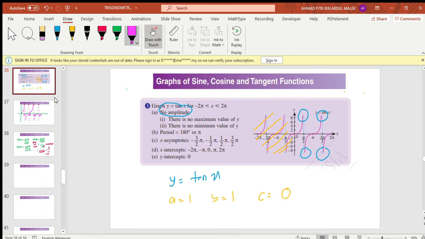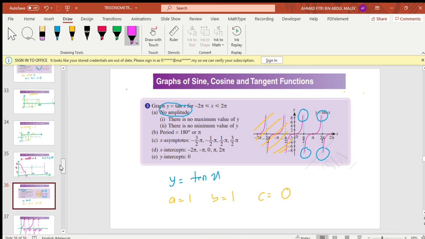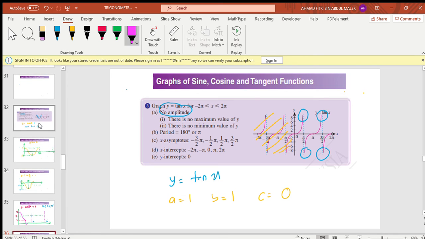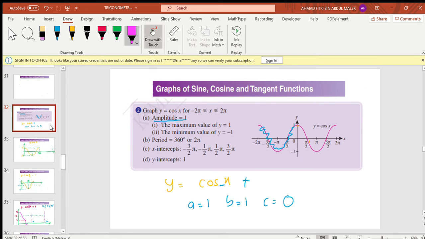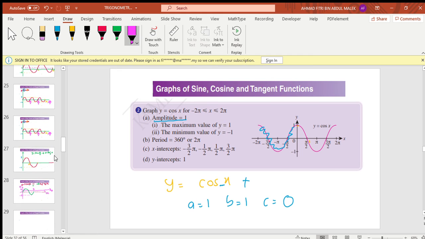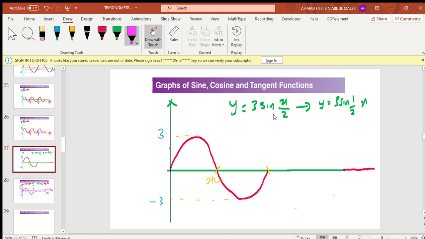If you look at the shape of the cosine graph, it doesn't repeat like this. Same for the sine graph, it also doesn't repeat right away: up here, down, then different shapes.